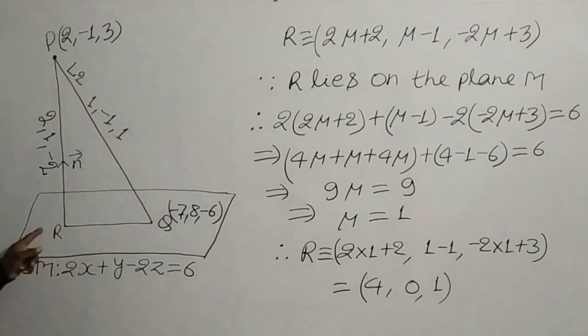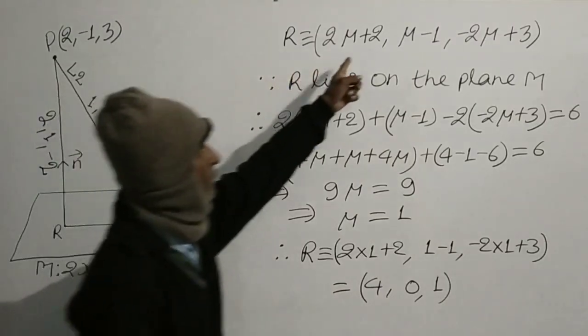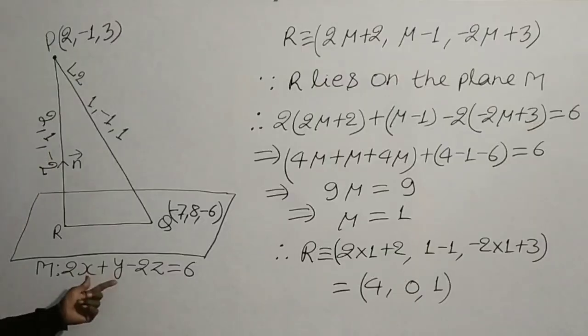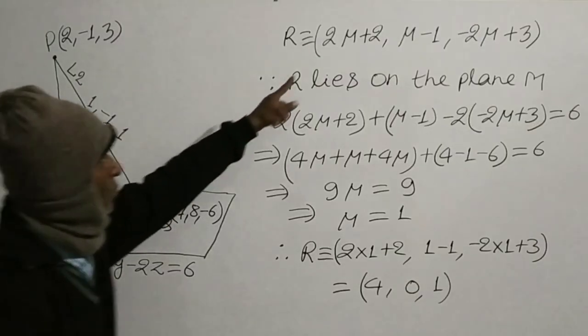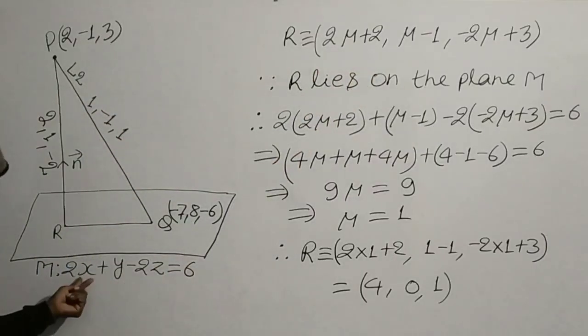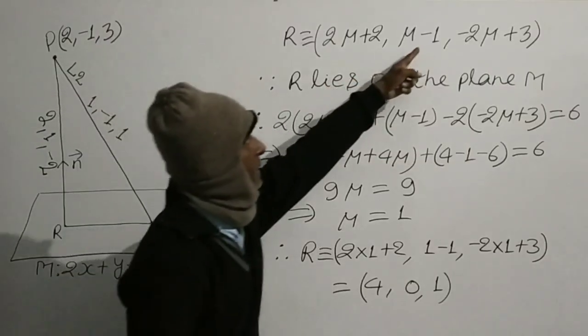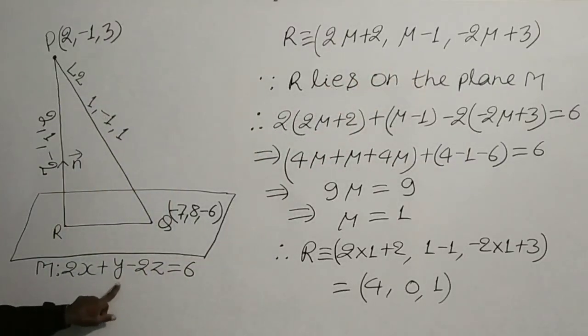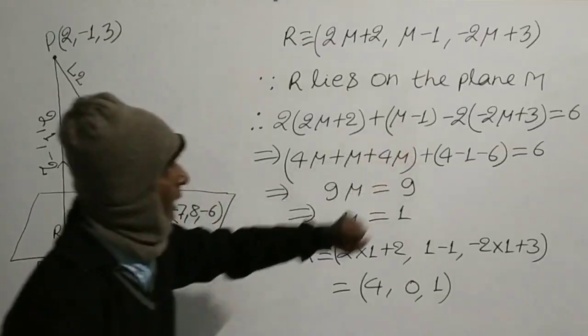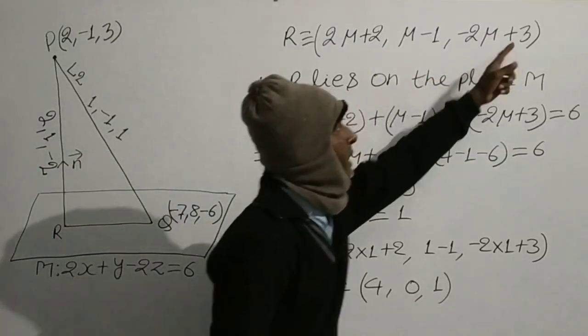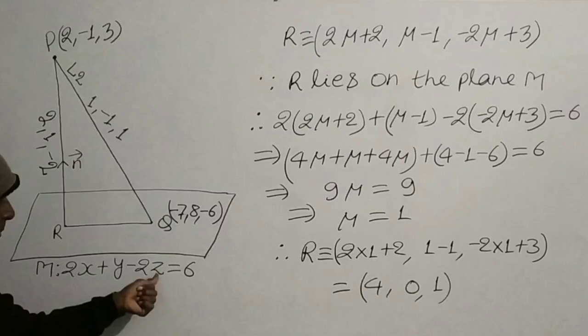Since point R lies in this plane M, therefore coordinate of R will satisfy this equation. Therefore we put 2 mu plus 2 in place of x, mu minus 1 in place of y, and minus 2 mu plus 3 in place of z.